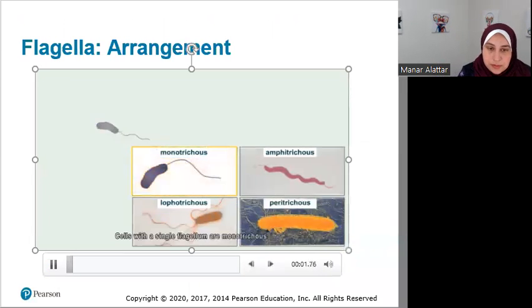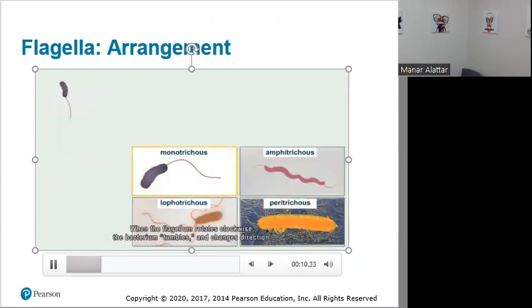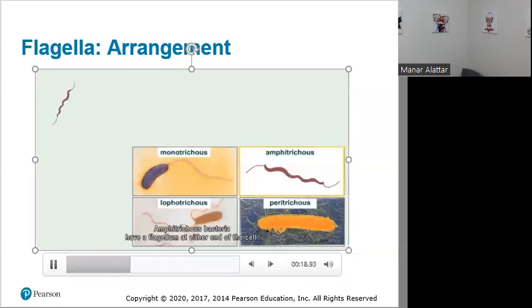Cells with a single flagellum are monotrichous. When the flagellum rotates counterclockwise, the bacterium runs in a single direction. When the flagellum rotates clockwise, the bacterium tumbles and changes direction. Amphitrichous bacteria have a flagellum at either end of the cell. Bacteria with a tuft of flagella at one end are called lophotrichous cells.